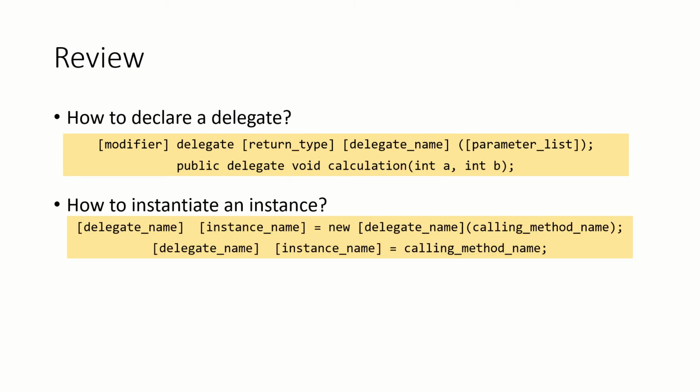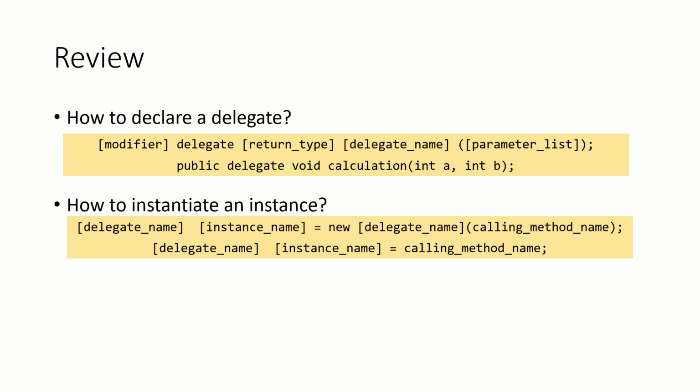Once you declare a delegate, you should initialize it. It's very similar to declaring an object reference, where you need to assign it a specific object.